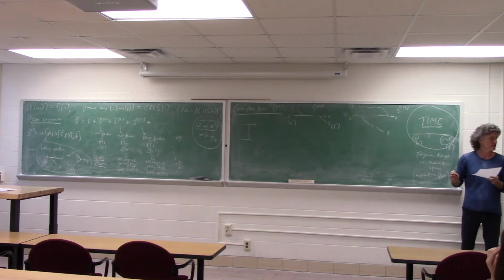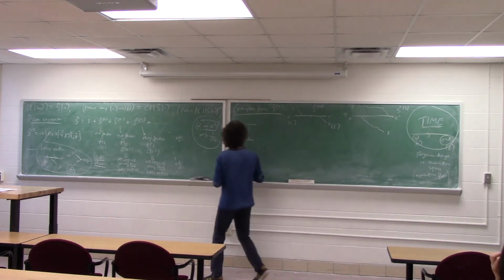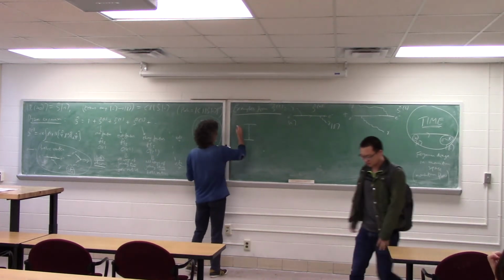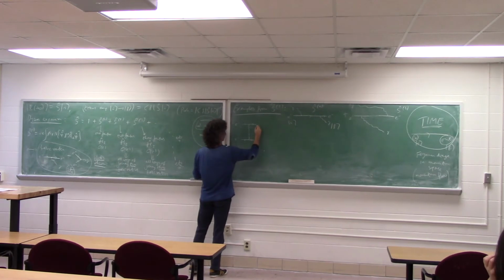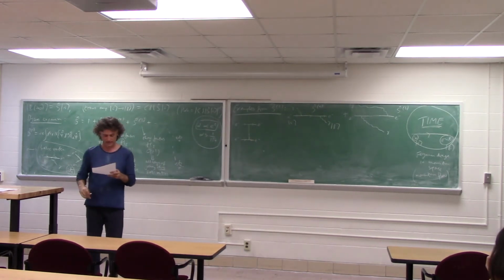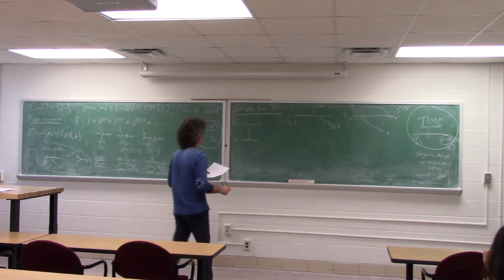This is really a symbolic representation of terms in a perturbation series. Anyway, if I join these two basic vertices, here's my initial state, here's my final state. What have I got? This is electron-electron scattering.